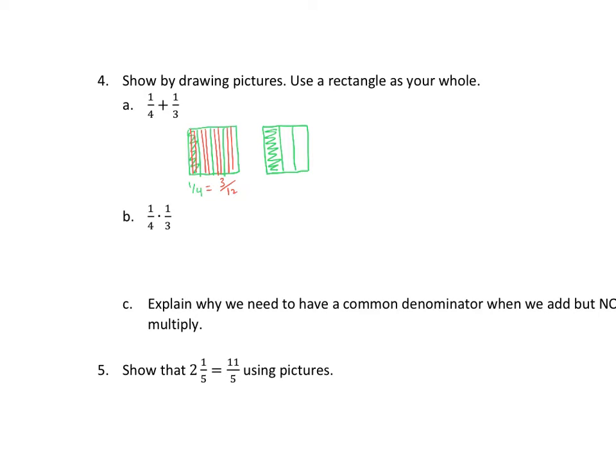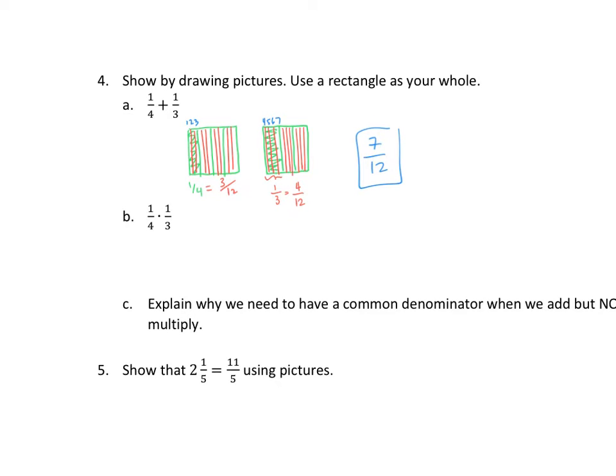Similarly, with the thirds, if I break those up into 4ths, I'm going to now have a total of 12 pieces. And, oopsie, this first little portion here, so that was 1/3, is going to be now 4 12ths. So if I add all of these pieces together, I have 1, 2, 3, 4, 5, 6, 7. So I have 7 of these 12ths.